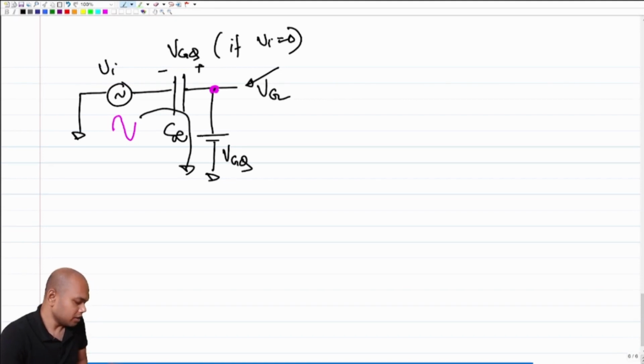So what is the solution? We cannot have an ideal short, but we also want the voltage Vg across the capacitor, right?